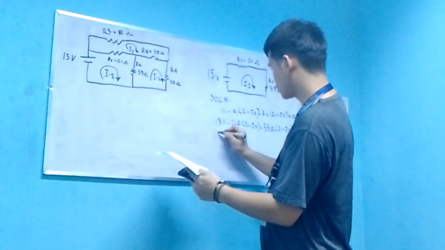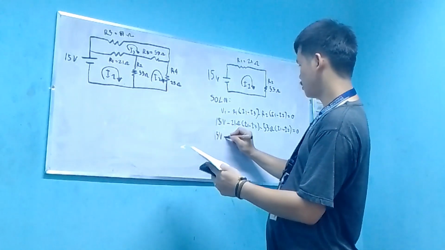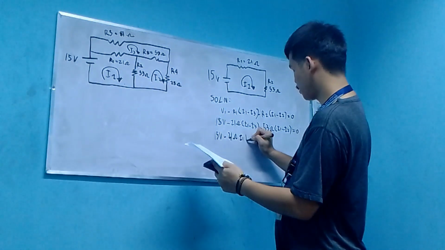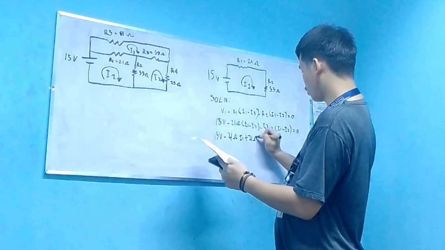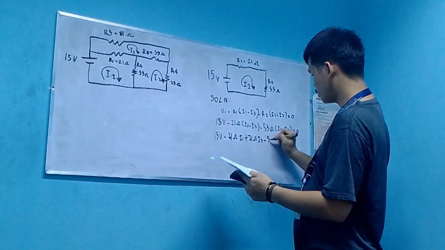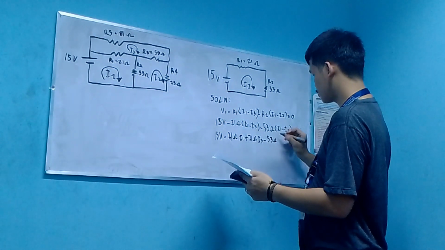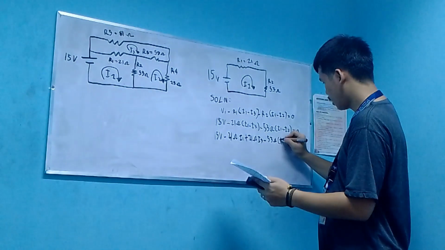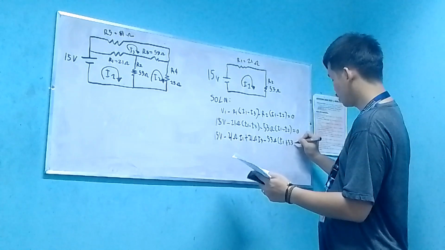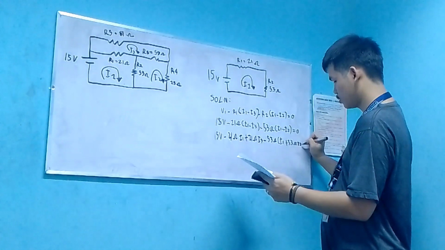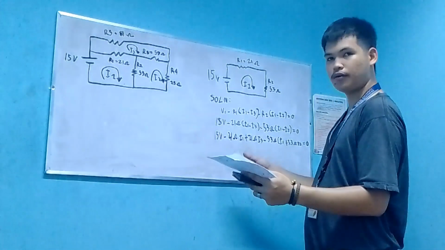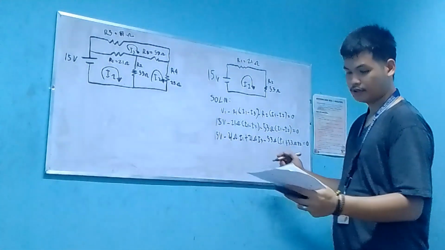So 15 volts minus 21 ohms I1 plus 21 ohms I3 minus 53 ohms I1 plus 53 ohms I2 equals 0. So here now, combine the same terms.